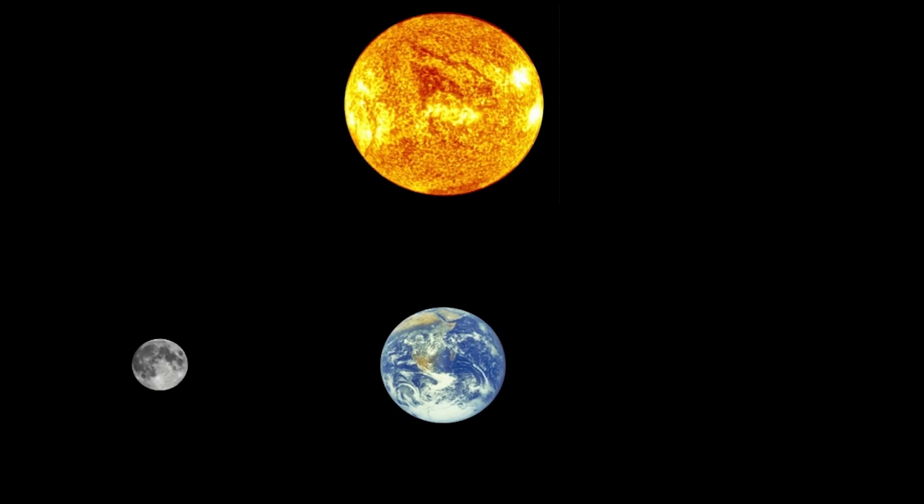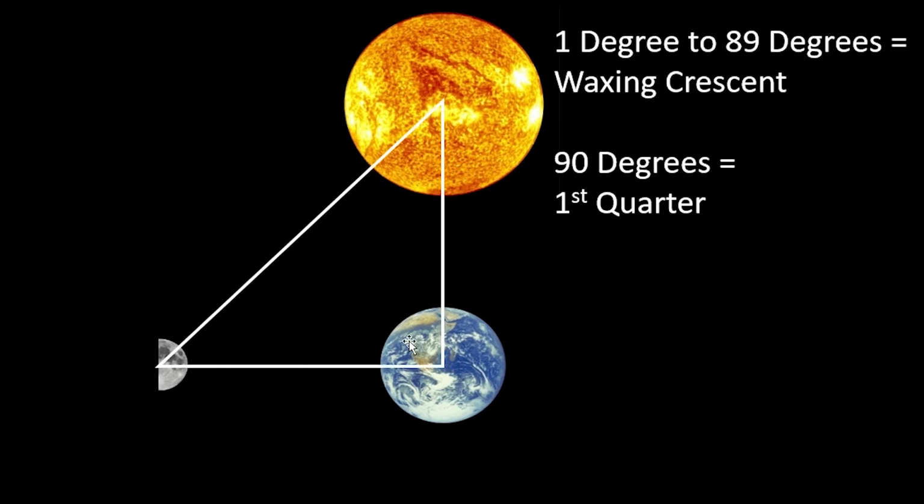However, for first quarter and third quarter, if we were to make a triangle, the Earth, the Sun, and the Moon would make a 90-degree angle from the perspective of the Earth. So if we focus specifically on the angle that is made here on the Earth from our perspective, which really is what gives us the different appearances of the moon during the phases, our perspective.